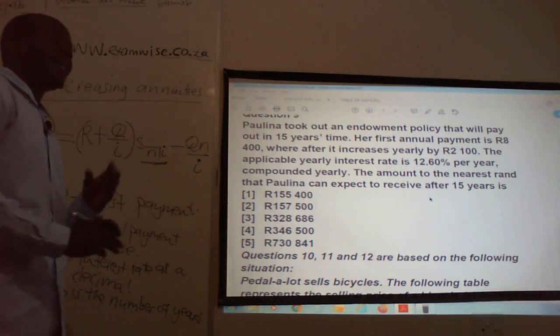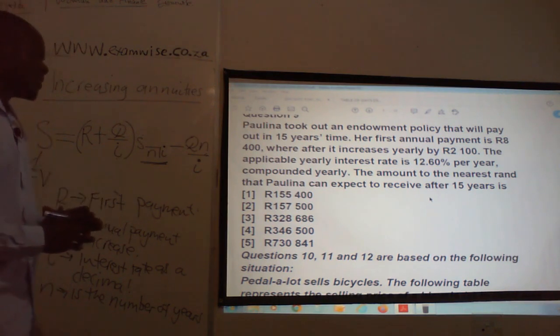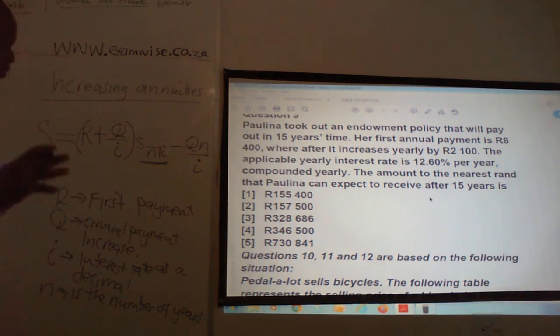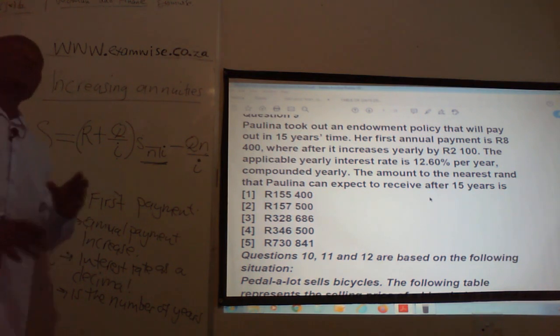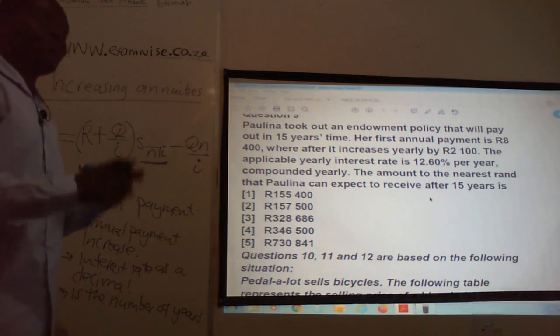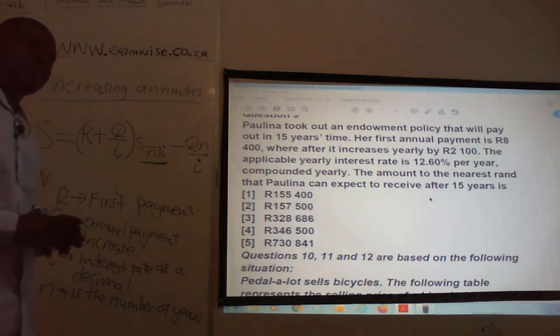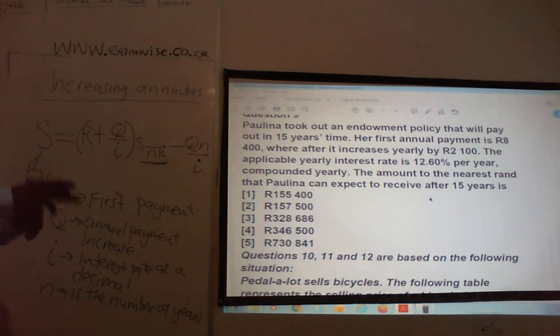A tip I can share with you is that under this increasing annuity, for the purpose of this module, we don't have beginning mode, where payments are made at the beginning of each period, but we have the end of each period. That is why our main formula here has the future value interest factor of an ordinary annuity.